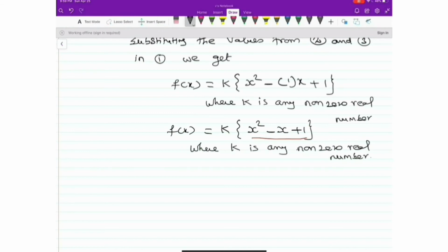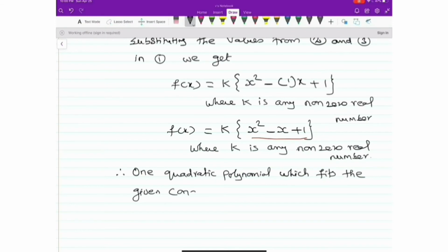So therefore one quadratic polynomial which fits the given conditions is f of x is equal to x square minus x plus 1.